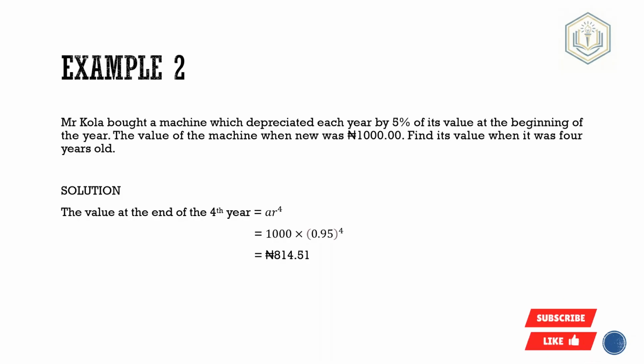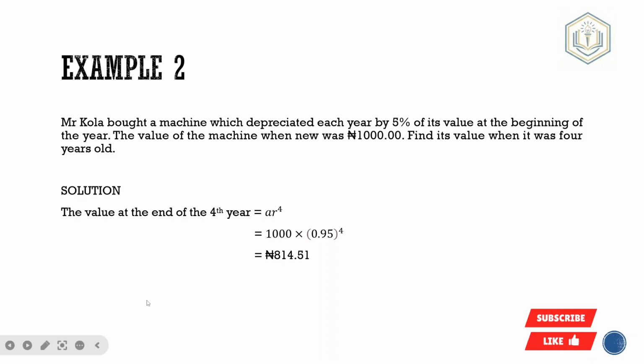The value at the end of the 4th year will be A times the common ratio raised to power n. Our n is 4. So you're going to have 1,000 naira times 0.95 raised to power 4.